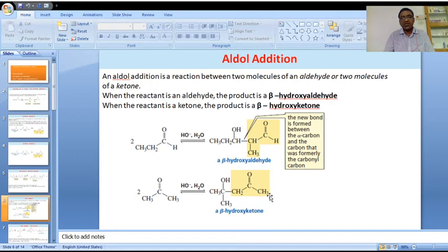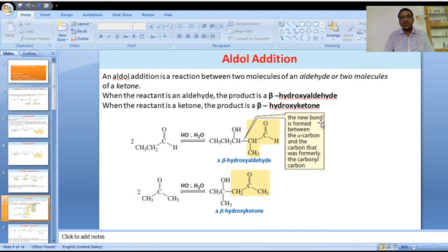Alpha beta hydroxy ketone: on the alpha carbon there is a ketonic functional group, on the beta carbon there is a hydroxy functional group. Finally we are getting alpha beta hydroxy ketone. Ketone is obtained in this reaction.